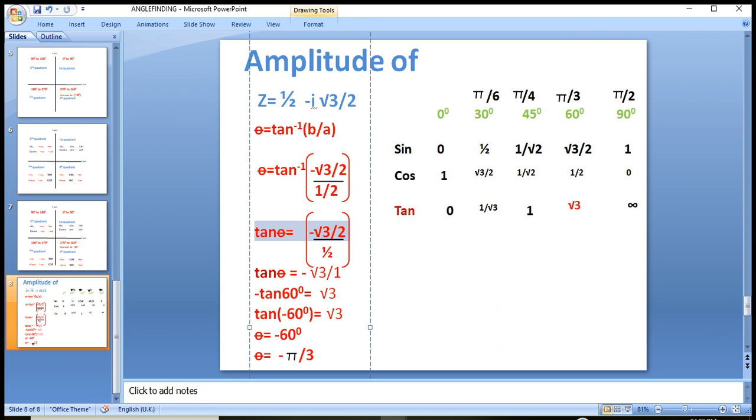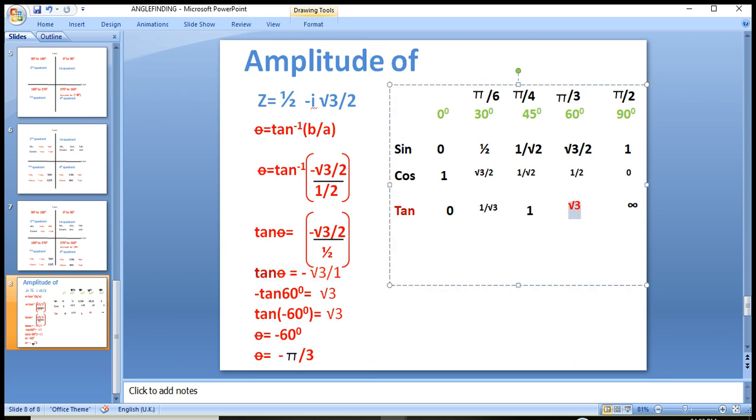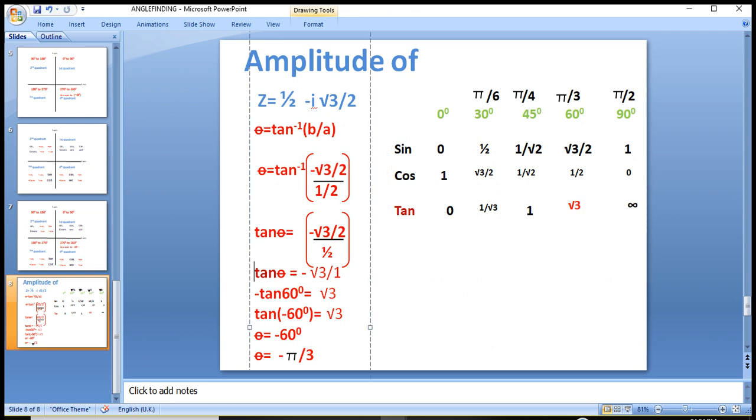Now we will see where tan is negative here. Now we will see in which quadrant tan is negative. Tan is negative in the second area and the fourth area. You especially see this: minus tan is negative in the second area and minus tan is in the fourth area.